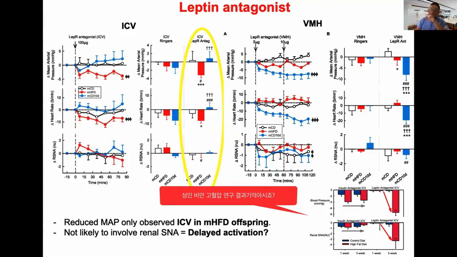Our hypothesis for why we didn't see any change in the VMH is that, as we saw in the adulthood study, this delayed action of leptin could be kicking in here. Hence, we didn't see any changes in these animals.